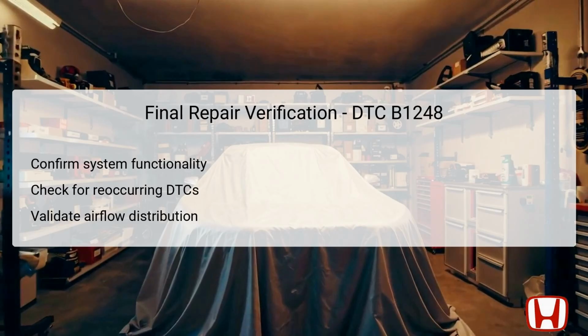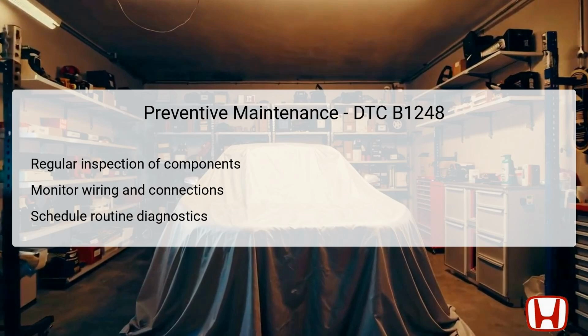of the HVAC systems. Preventive maintenance is crucial for ensuring the longevity and reliability of the rear climate control system. Performing regular inspections of components like the rear mode control motor can prevent unforeseen issues. Monitoring wiring and connections for wear and tear can catch problems before they escalate into major failures.